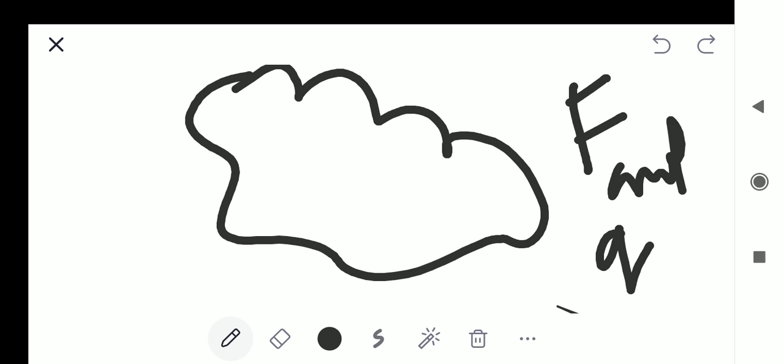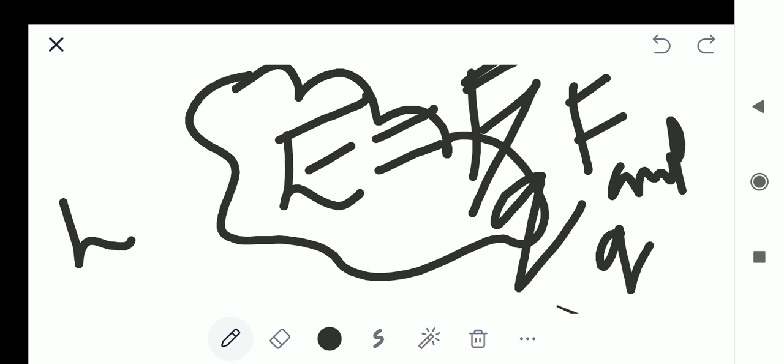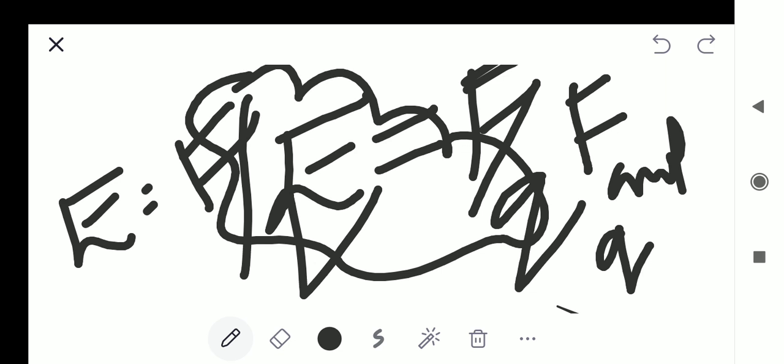A field influenced by electric force and electric charge is called an electric field. Therefore E equals F by Q. That's it. This is the definition of electric field.